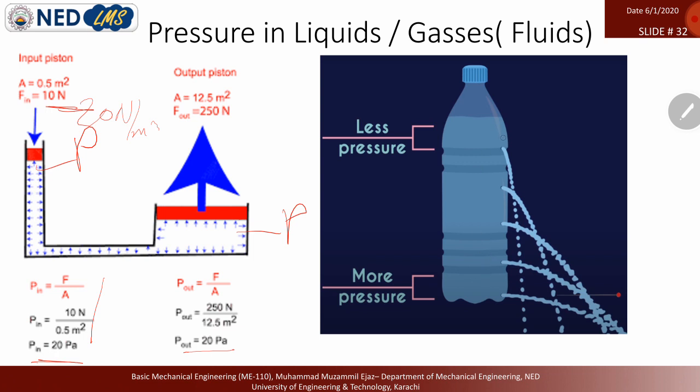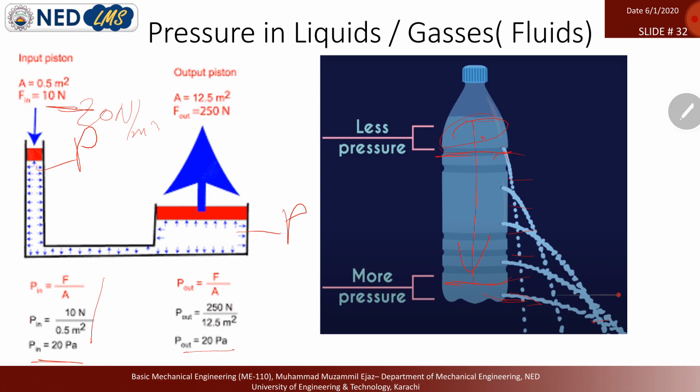You can easily understand when we fill the bottle and make holes at different heights. At a higher height we have low pressure, but at the bottom we have high pressure due to the weight of the water, because here the whole weight of the water is exerted, and which produces pressure. But at the upper hole only this amount of water weight is applying here, which results in less pressure.